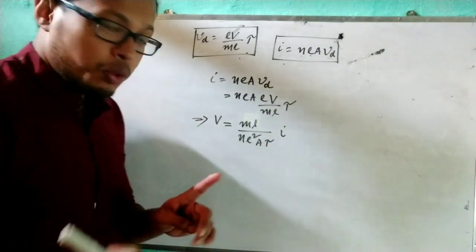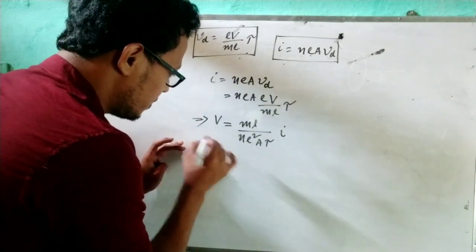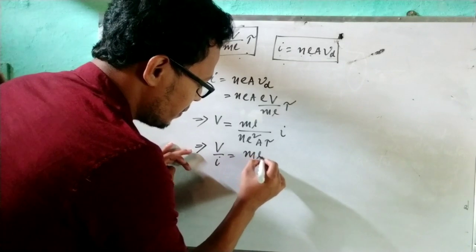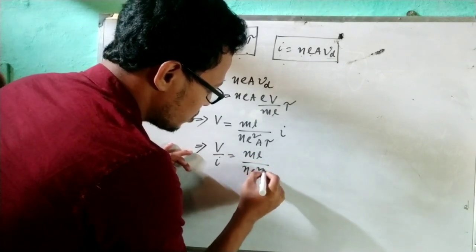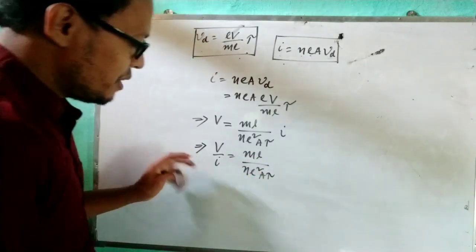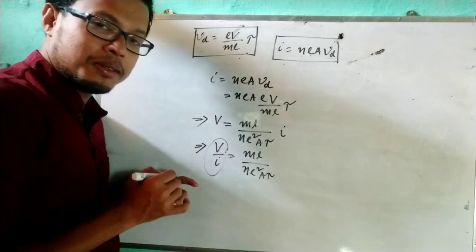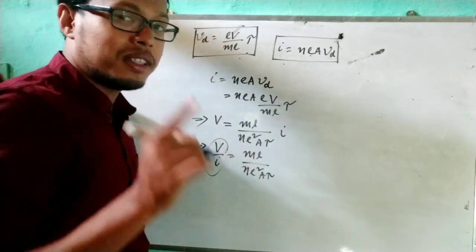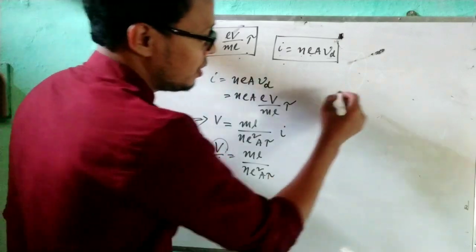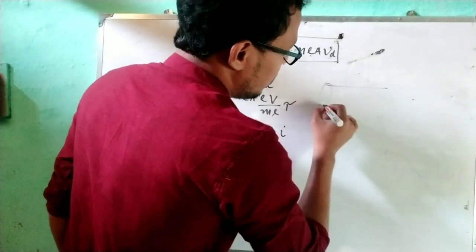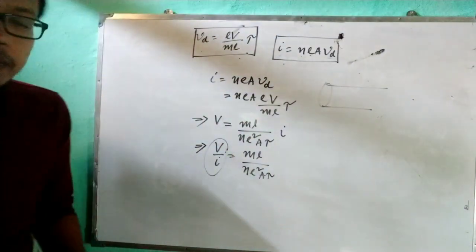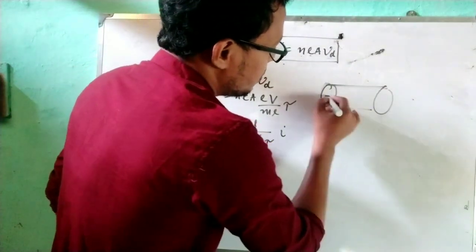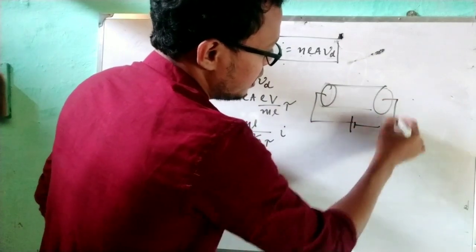Now one thing you look, if we write V by I equals mL by n e square A tau, then V by I means what do we write? See, V by I is called the resistance, or R. Now see, if this is a conductor, suppose the battery is connected over here.